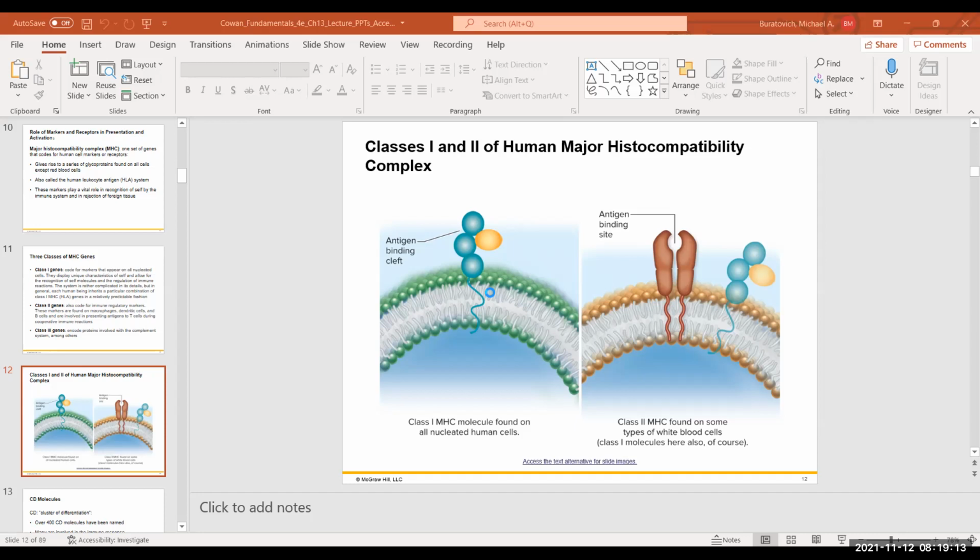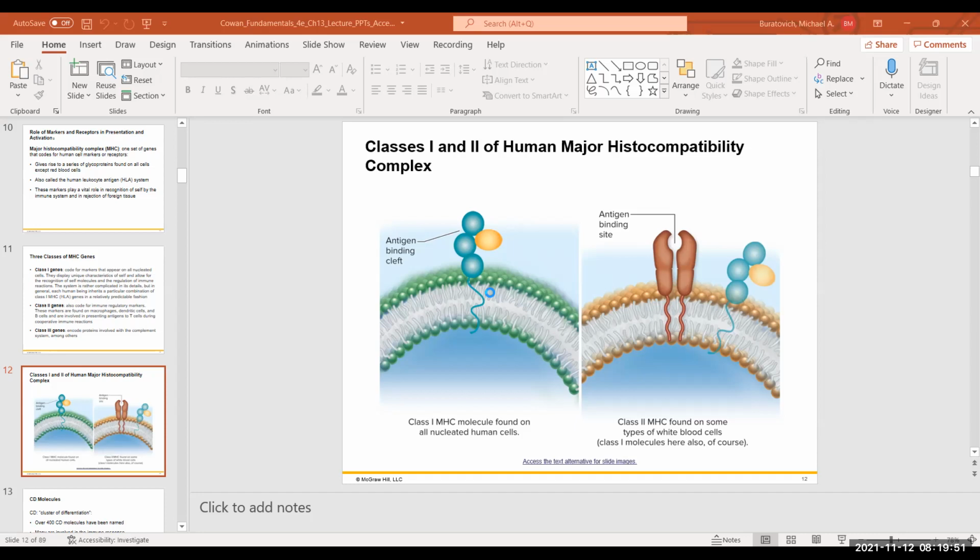Now, if you please take the handout from today. How do you get T cell receptors essentially that can recognize so many different types of antigens?